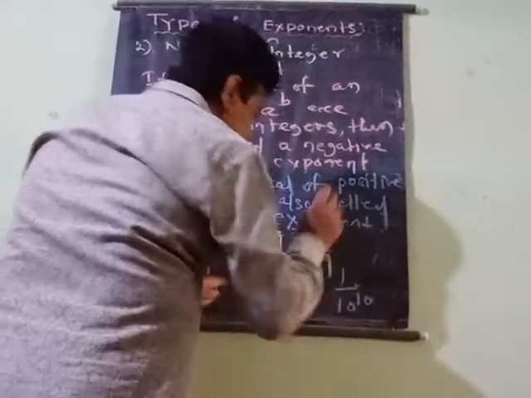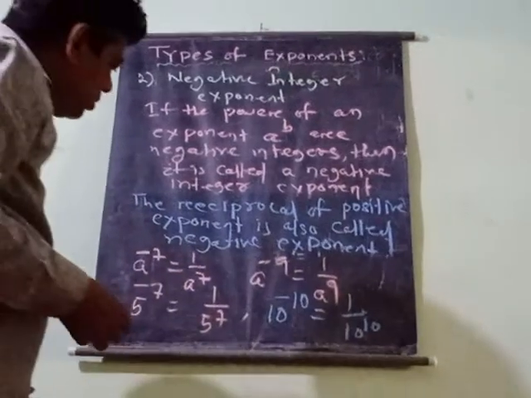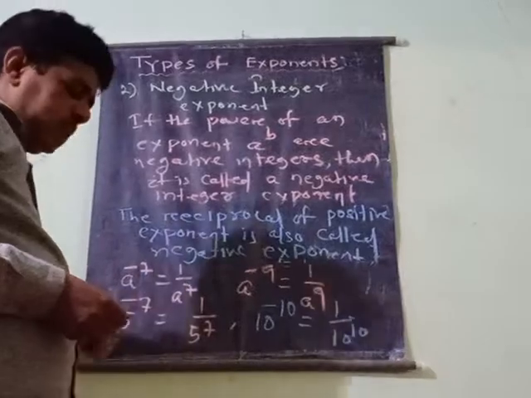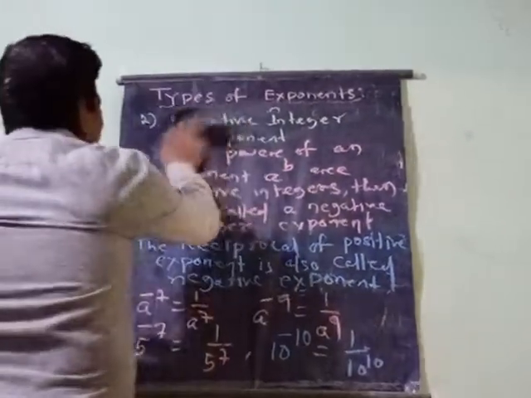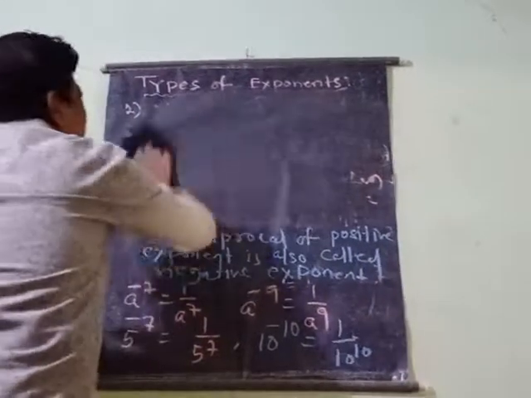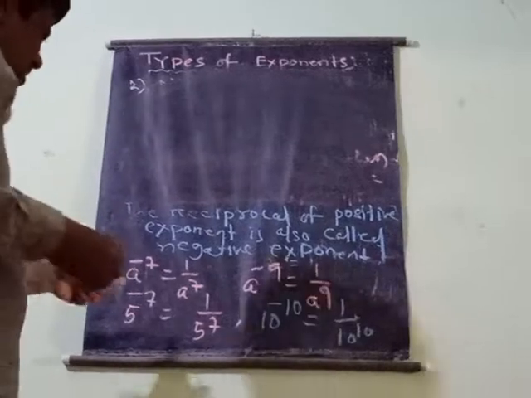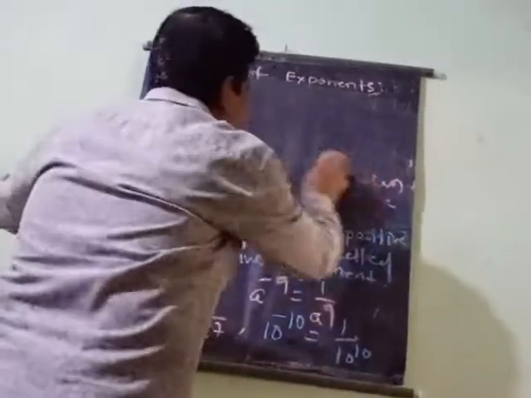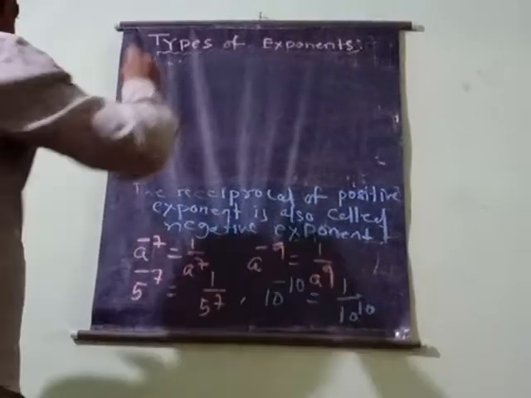Understood now? So this is clear about the negative integer exponent. Reciprocal of this is positive exponent. Reciprocal of positive exponent is a negative exponent. Understand? Okay. One observation you are observing.